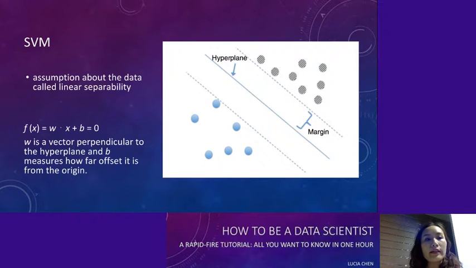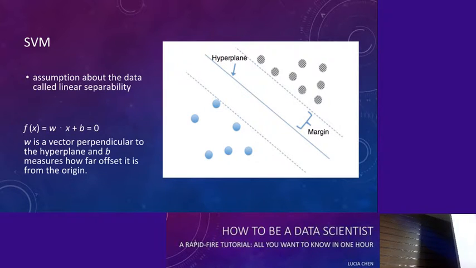Okay, so another model I need to introduce. This is also very commonly used by data scientists. It's called the support vector machine. The support vector machine, SVM, assumes that your data set can be divided by a hyperplane.